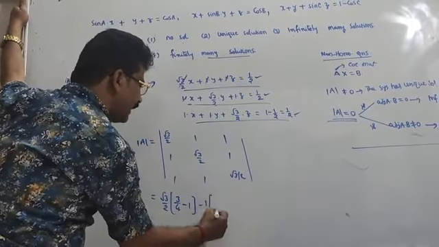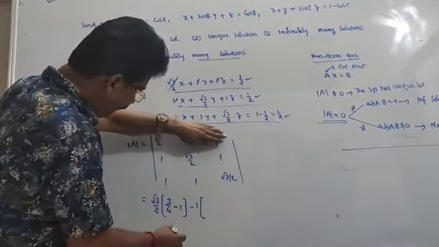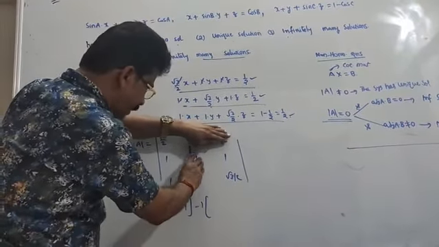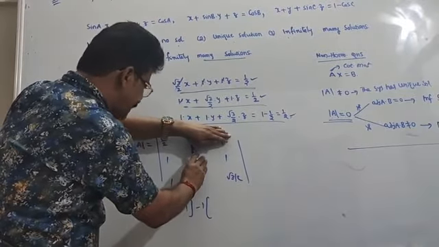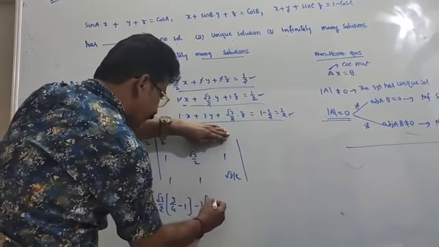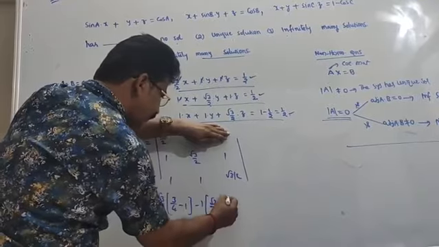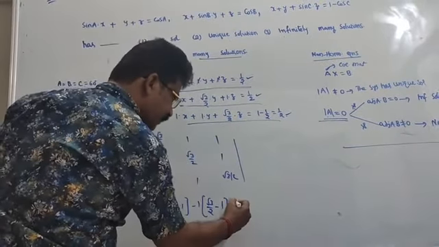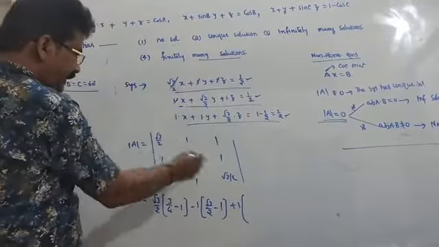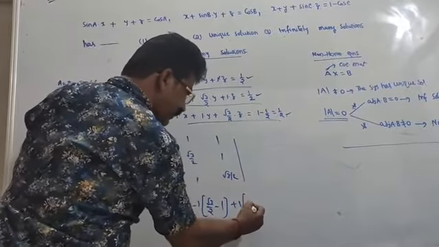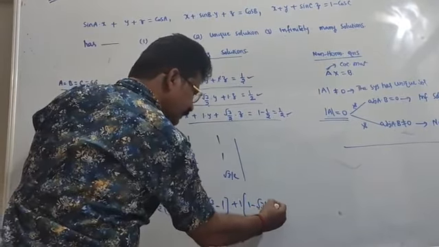Next, minus 1 into, deleting this row and this column, AD minus BC: root 3 by 2 minus 1 into 1. Next, plus 1 into 1 minus root 3 by 2.